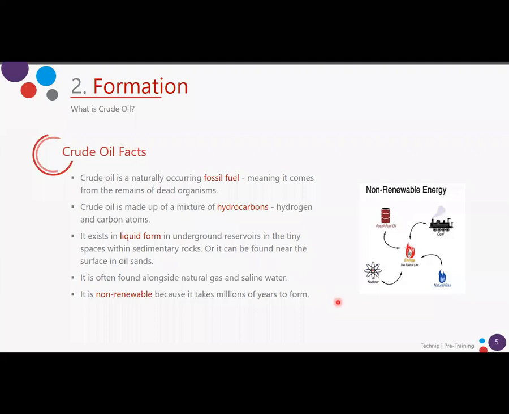And we have also had on many occasions oil spills that can cause great environmental damage. So we have to be very aware of the environmental impact of crude oil transportation and refining.